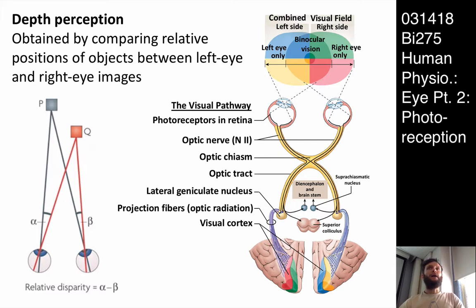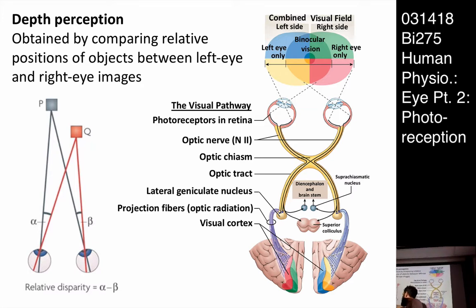First of all, it's because of binocular vision and the ability of my eyes to triangulate a distance. This is a higher cortical function, by comparing the image that's coming from the left side of my eye to the one from the right side of my eye, and using the subtle differences in those images to be able to give me information about the distance of the object from my eye.